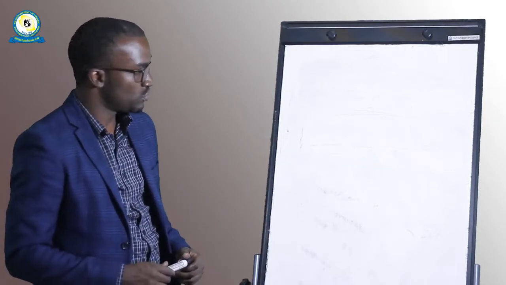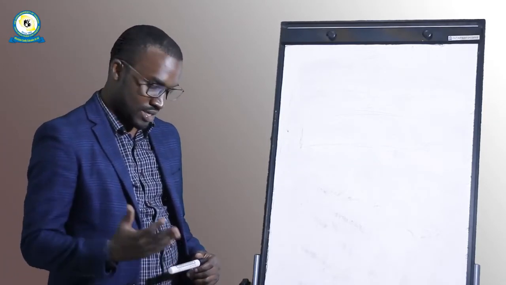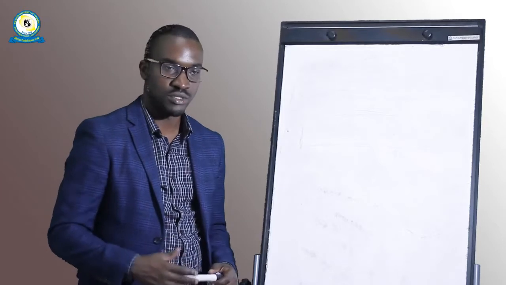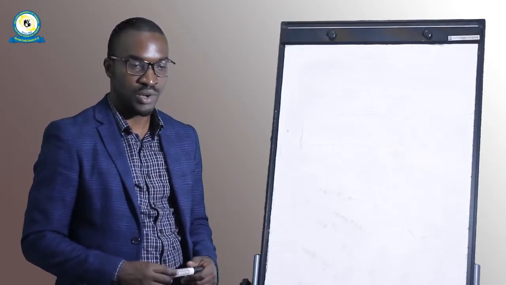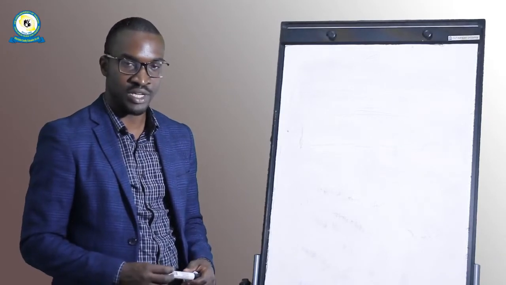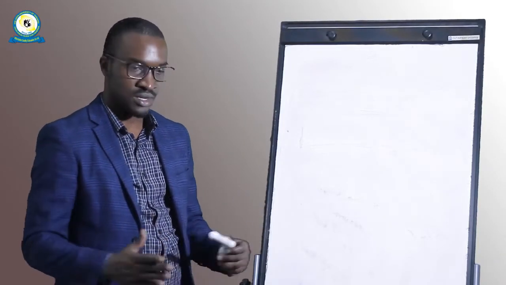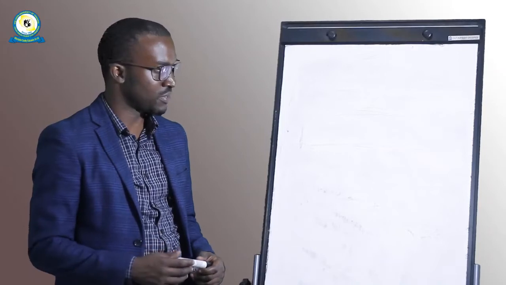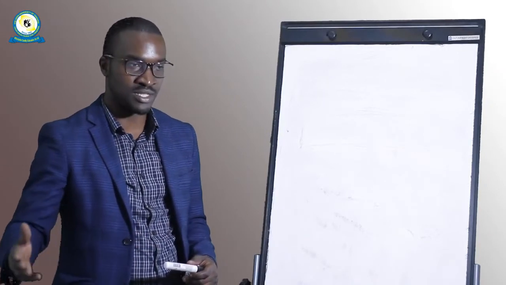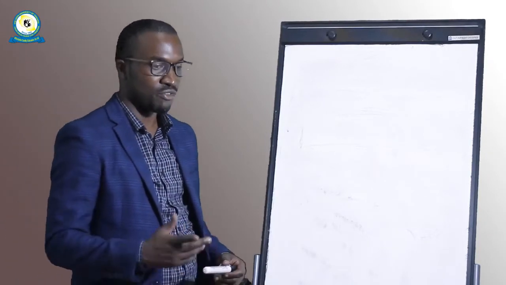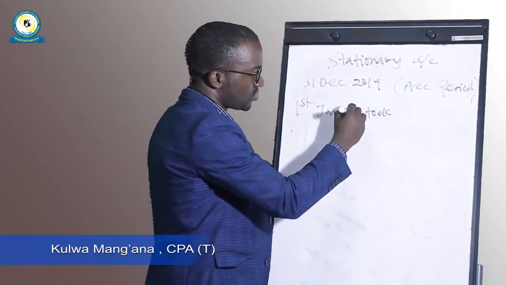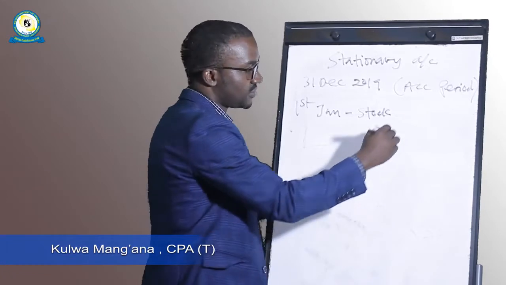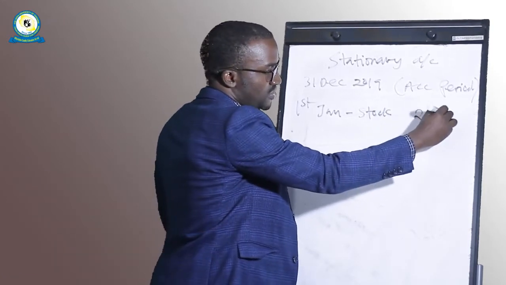Now let us assume we have a stationery account. Let us assume we have a stationery account, and the business's financial year ends 31st December, because that makes sense for you to be able to understand, because that is at the end of the year. And then on 1st January, we have a stock of stationery of, let us assume, 260.